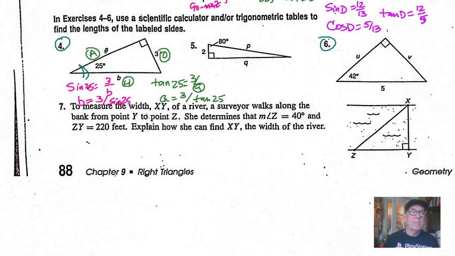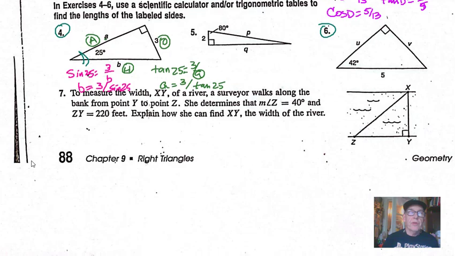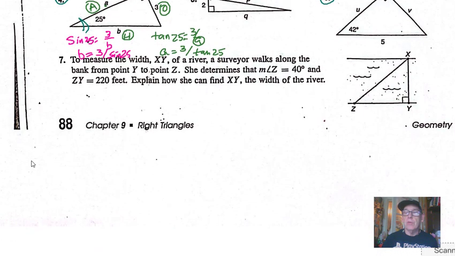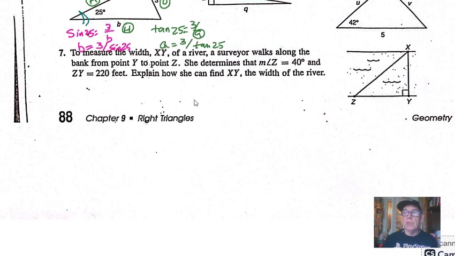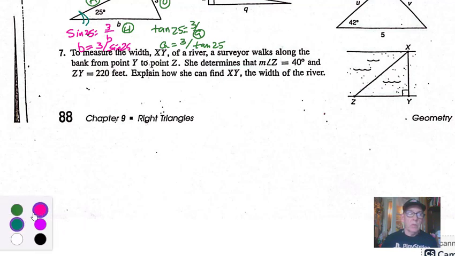Let's talk about this width of the river problem here. These are kind of typical problems. There's this thing called indirect measurement that you can do with trigonometry a lot of times, if you think about the right triangles that are involved in it. So they want to measure the width of this river.